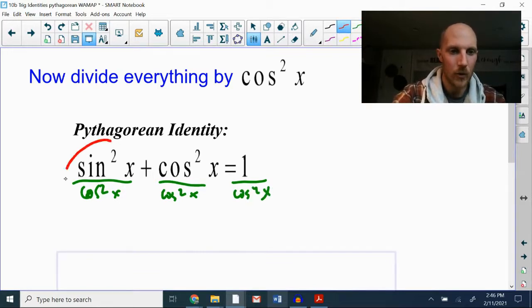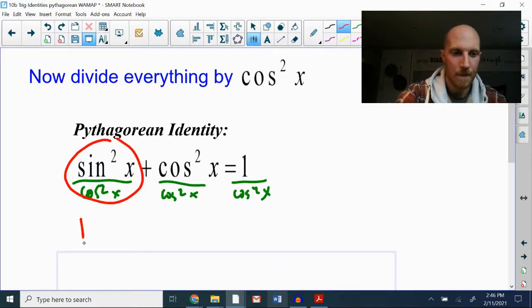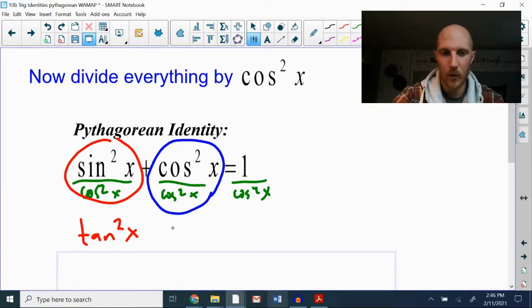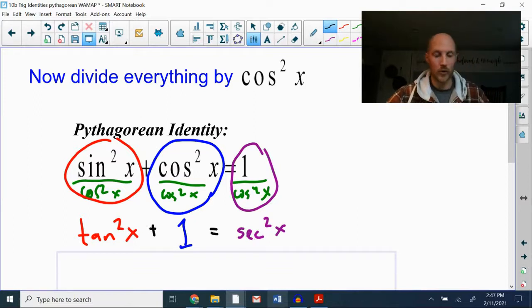And when I do this one, sine squared of x divided by cosine squared of x, that's going to give me tangent squared of x. When I do this one, cosine squared of x divided by cosine squared of x, that gives me 1. And over here, 1 divided by cosine squared of x, that is secant squared of x. Fill in my plus and my equal sign. That is version number 6.